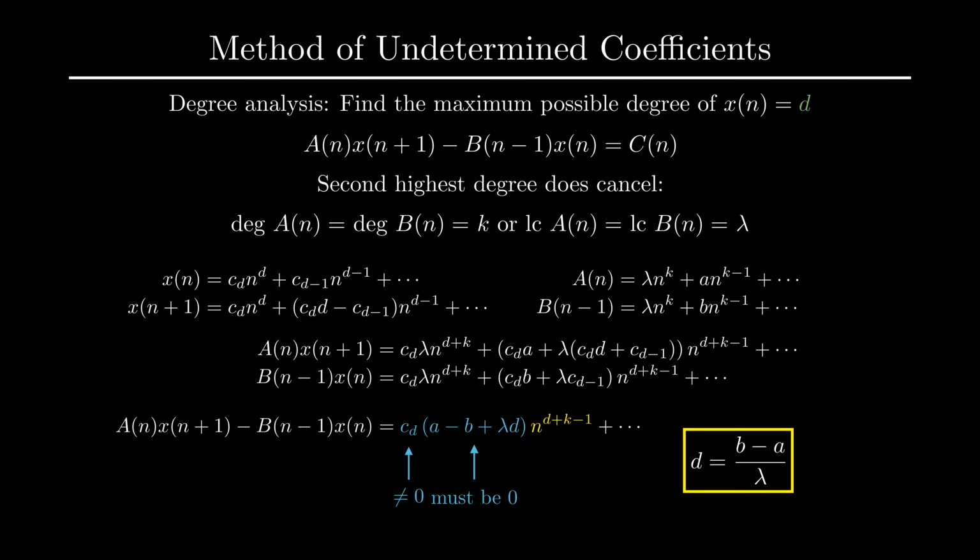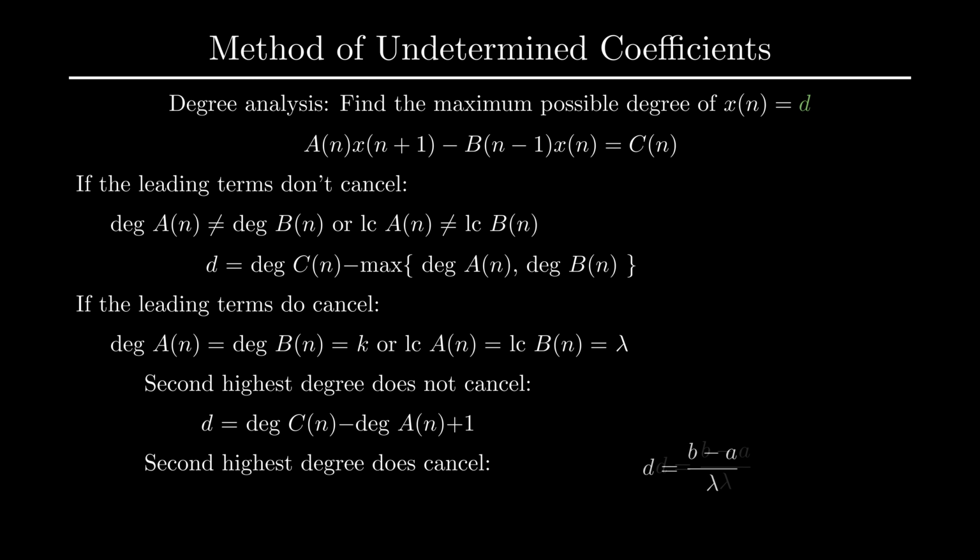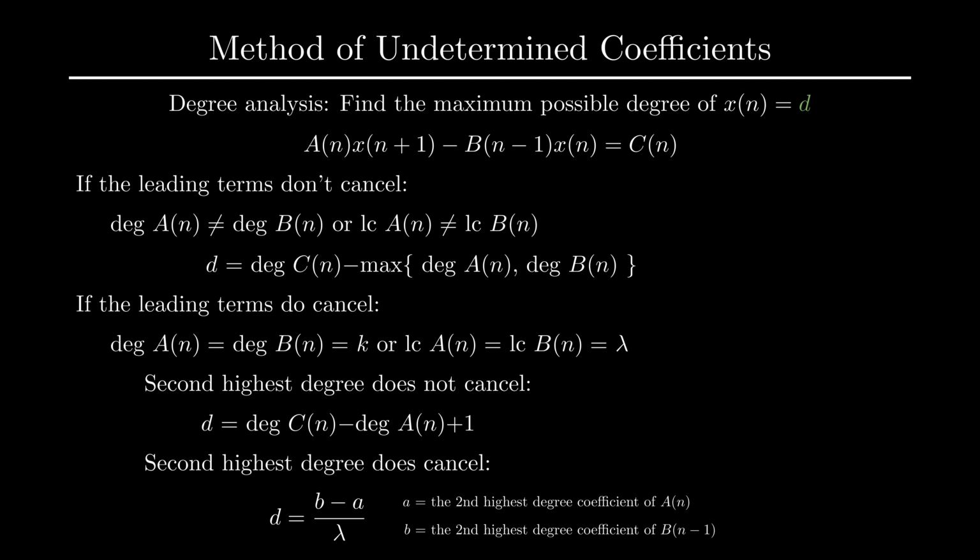Our degree analysis is now complete. We don't have to check for further terms being cancelled, because we have covered all the possible cases. Keep in mind that the degree analysis we just did here is only valid for first-order linear recurrences. In addition, there is a small nuanced detail we should point out.